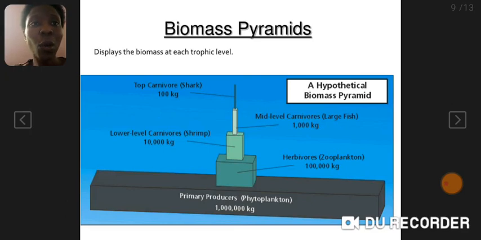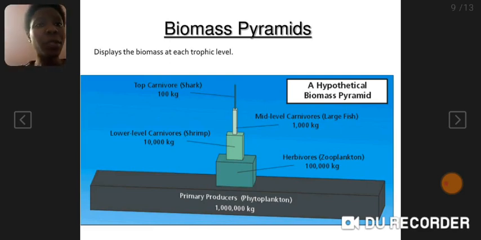So biomass is summative. It's not the quantity of one organism, but the total mass of all the organisms occupying that particular trophic level.